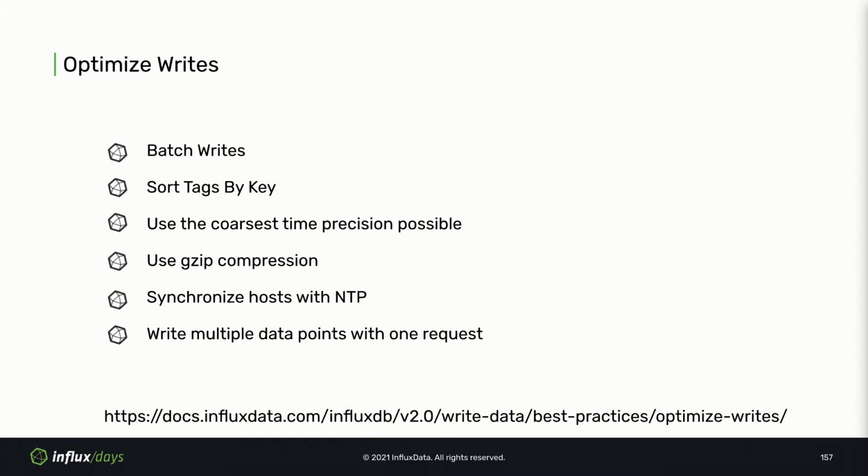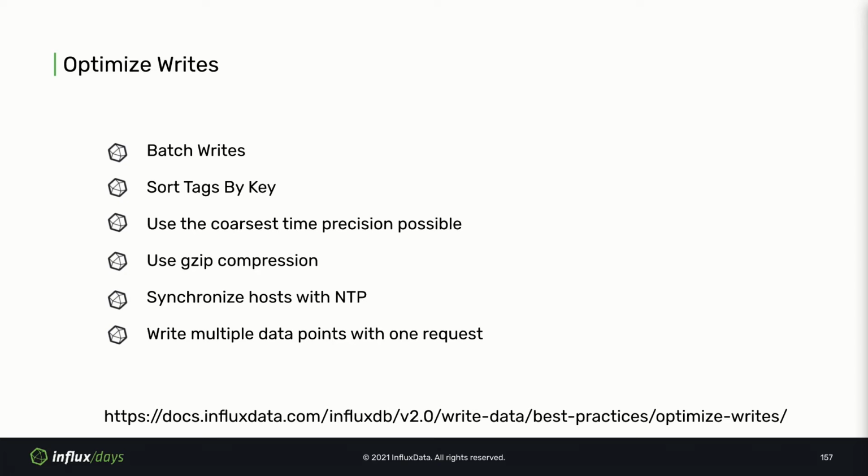First, we're going to talk about how you can optimize your writes. In order to optimize your writes, it's recommended that you batch your writes together, sort your tags by key, and use the coarsest time precision possible. For example, if possible, use seconds instead of milliseconds for your measurements.